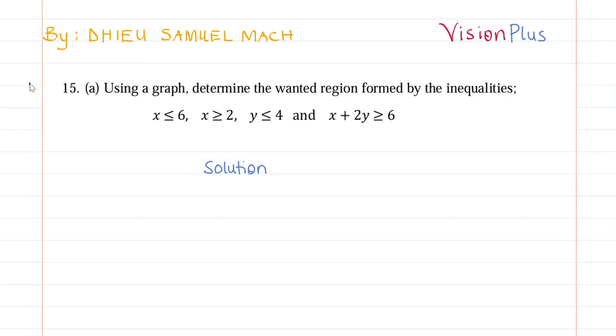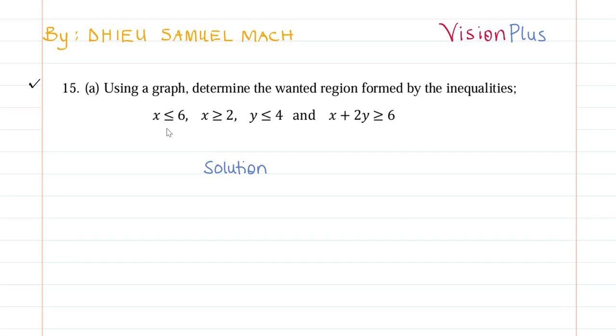Number 15 of the giant examination board reads, using a graph, determine the wanted region formed by the inequalities given below.